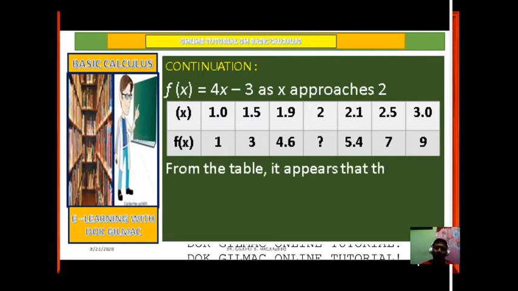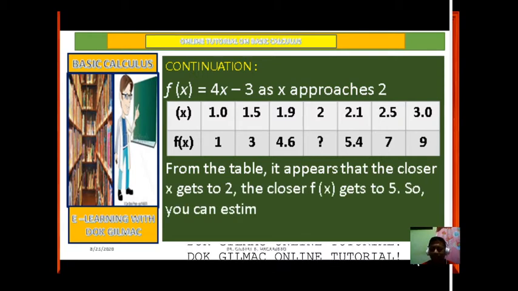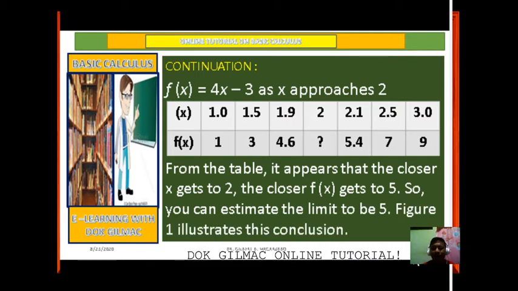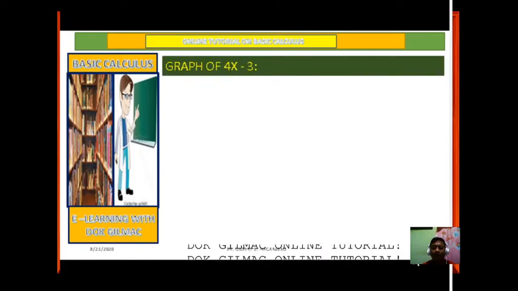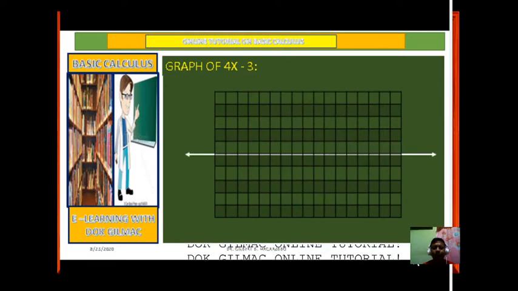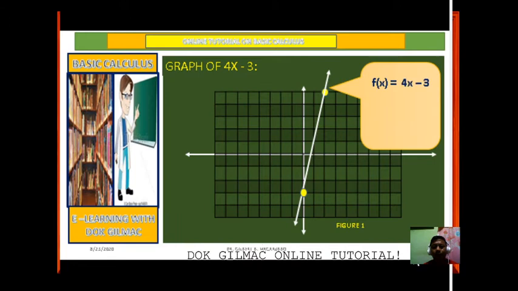So from the table, it appears that the closer x gets to 2, the closer f of x gets to 5. So we can actually estimate the limit to be 5. Figure 1 illustrates the conclusion. Graph of 4x minus 3. f of x is equal to 4x minus 3.